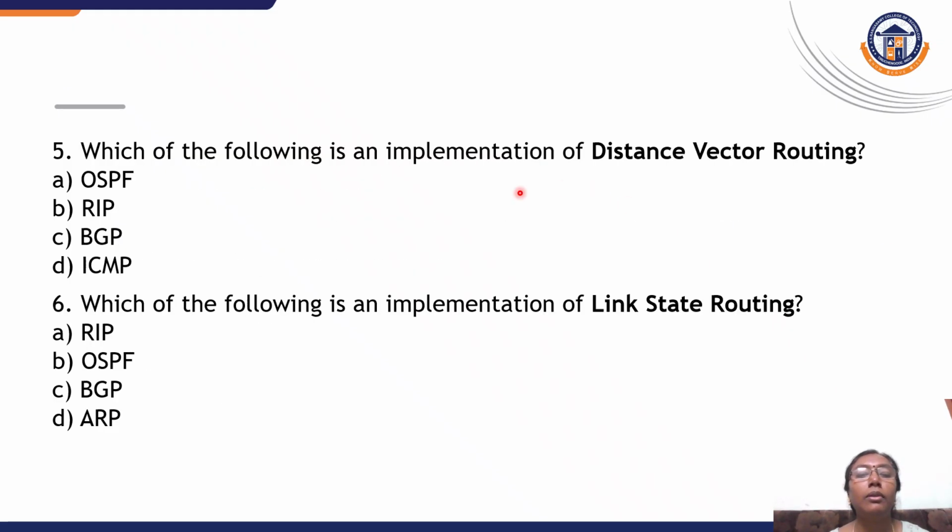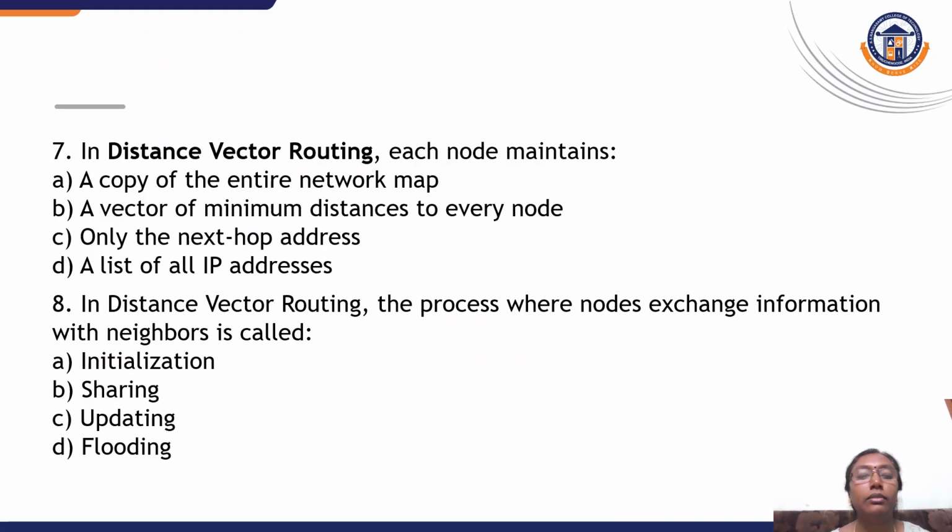Which of the following protocols is an implementation of distance vector routing? RIP is distance vector routing, OSPF is link state routing, and for the Border Gateway Protocol, it is path vector routing.